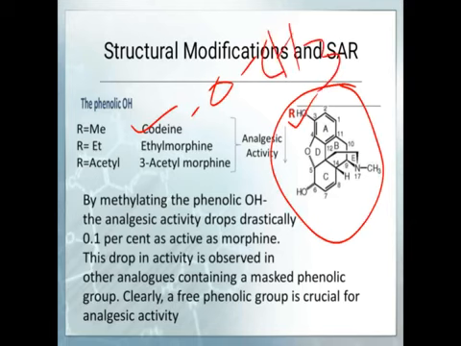If it is OC2H5, it becomes ethyl morphine. And if it is an acetyl group, it becomes 3-acetyl morphine. By methylating the phenolic OH of morphine, the analgesic activity drops to 0.1% as compared to morphine. So the free phenolic group is crucial and important for the analgesic activity.